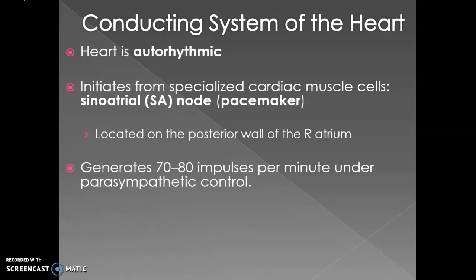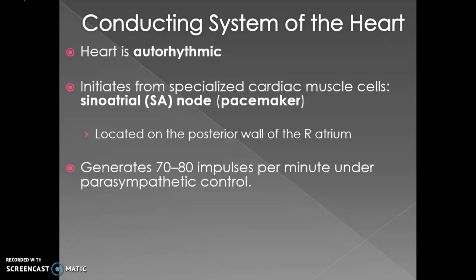Okay, so the heart is autorhythmic. It doesn't need any stimulation from the nervous system. However, when we are nervous, when we are in a fight or flight situation, does your heart race up? Yes, it does race up. Why is that? Because the heart is innervated by both sympathetic and parasympathetic neurons.